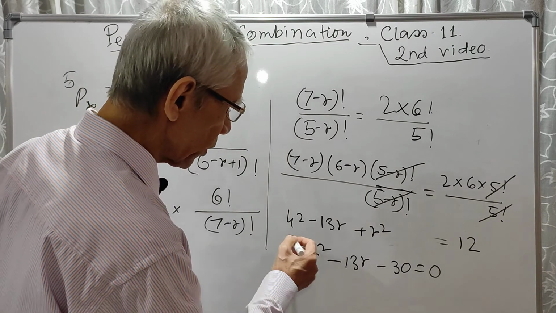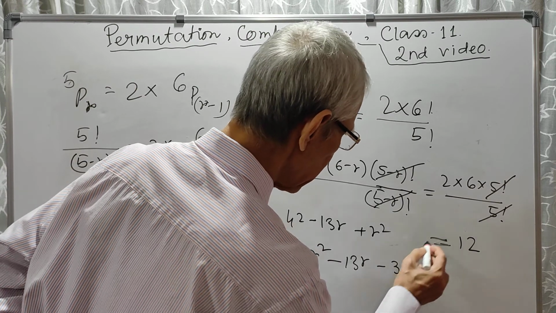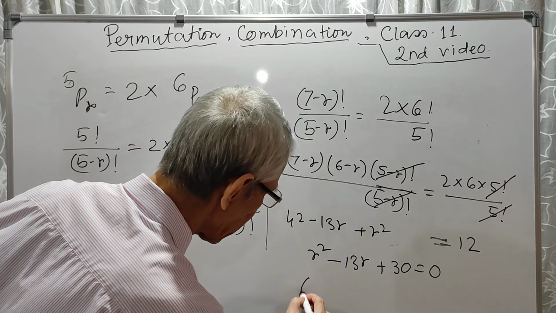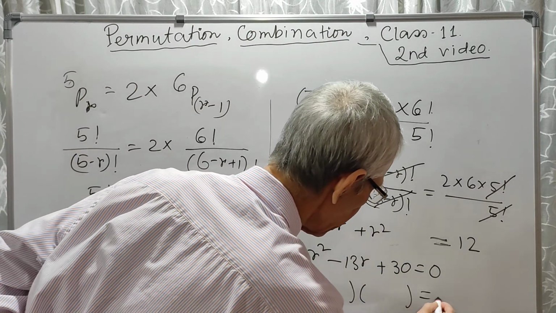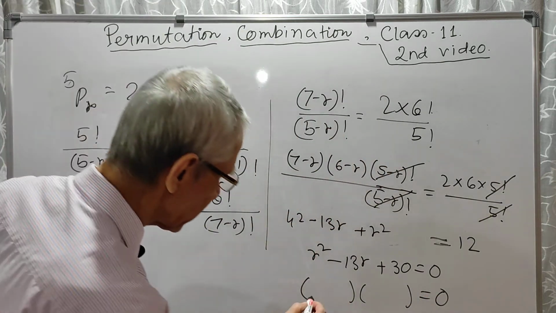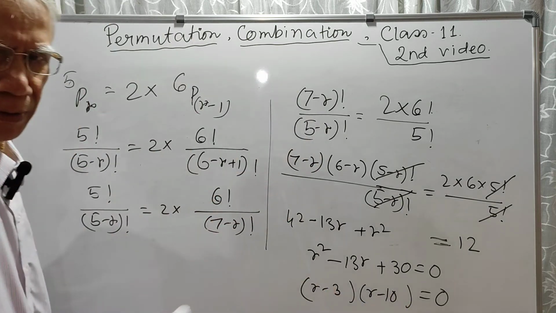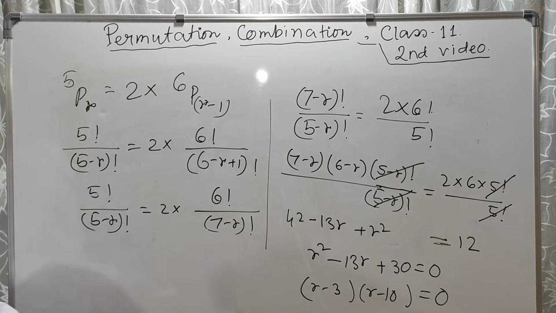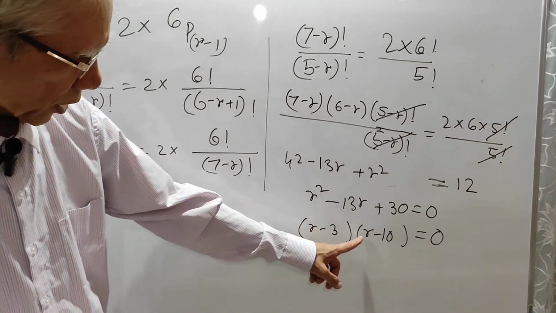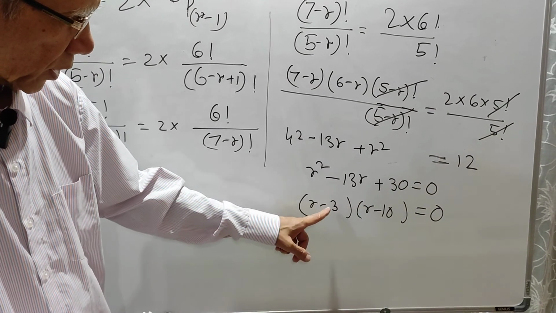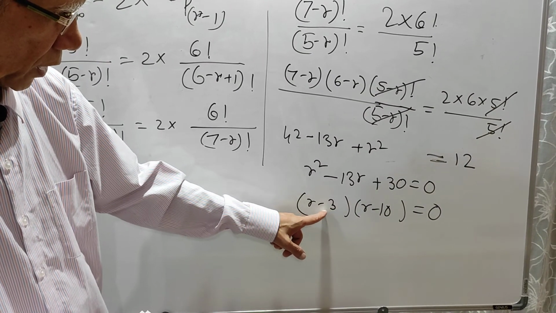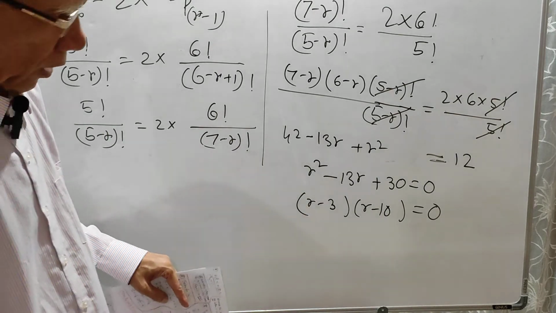Not minus 30, 42 minus 12 will be plus 30. Now you factorize by middle term method. All this you know. Factorize by middle term method, you will get r minus 3, r minus 10. Middle term method, you factorize r minus 3, r minus 10. So minus 3, minus 10. Yes, okay.